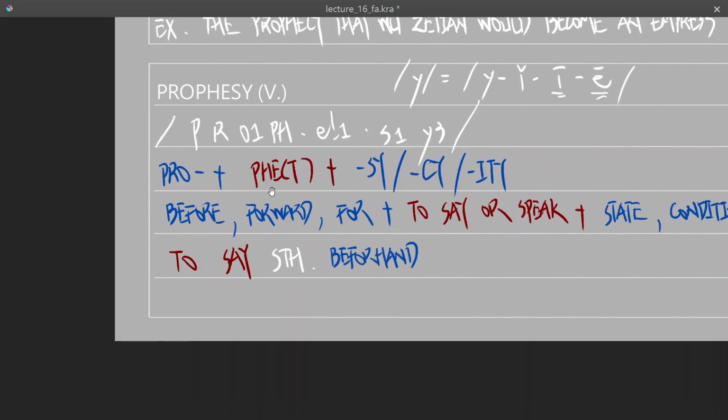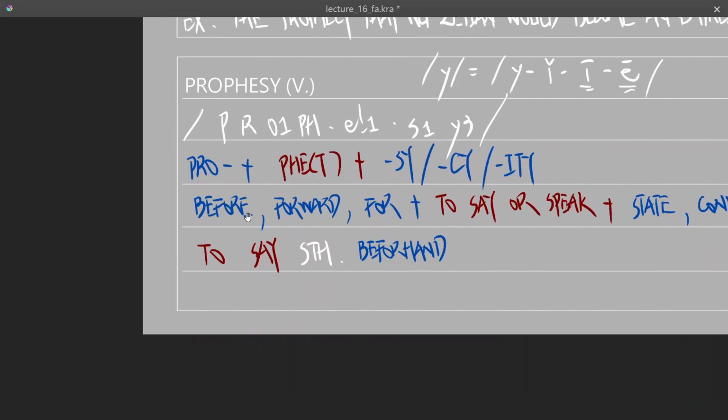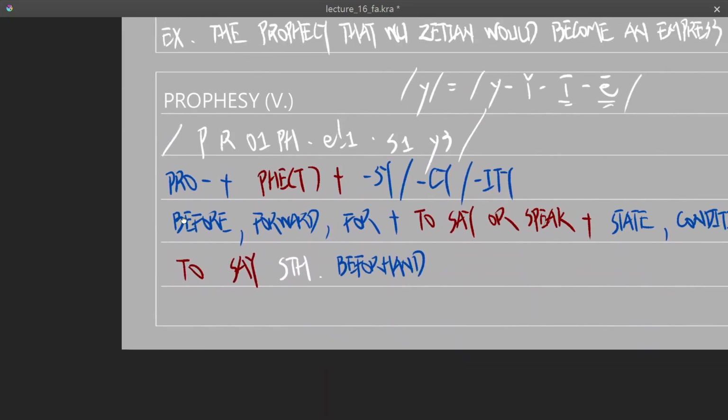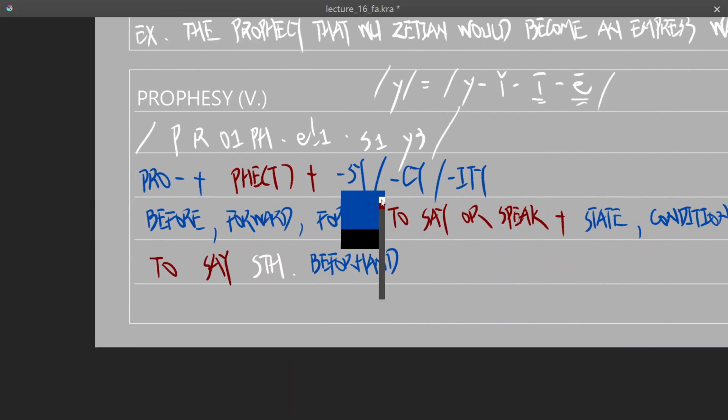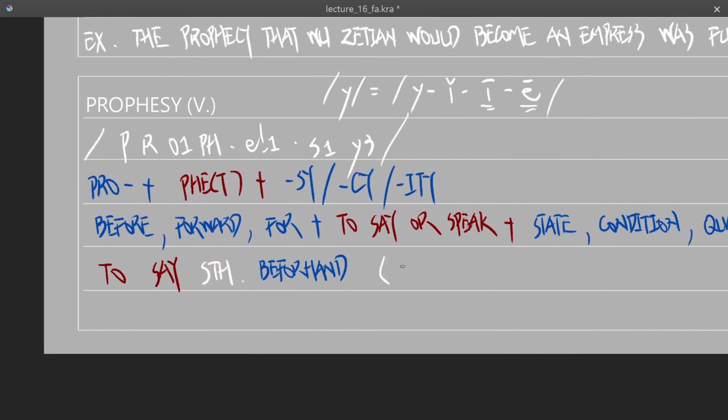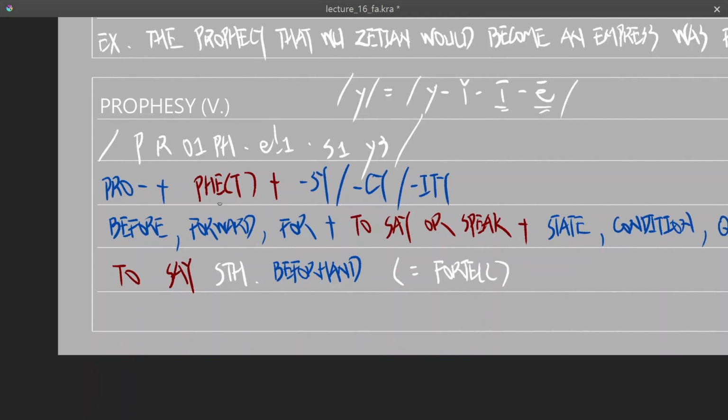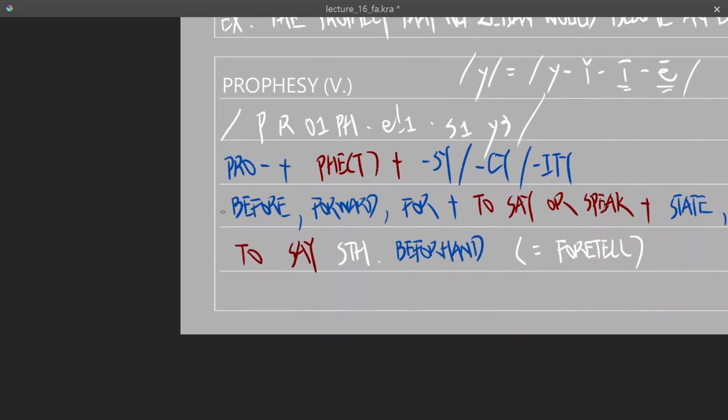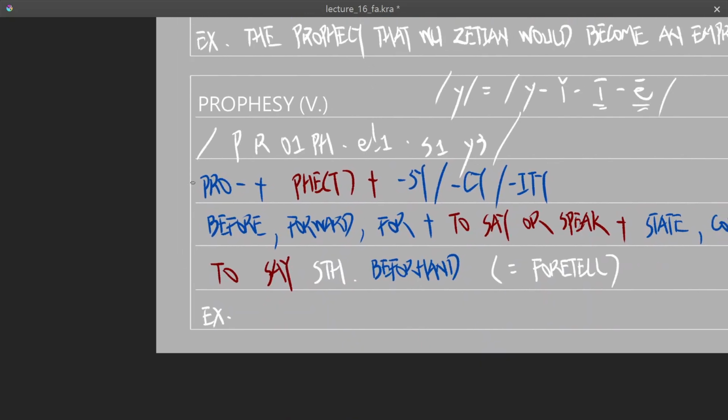It is to foretell something. Prophesy, foretell. This way, foretell.